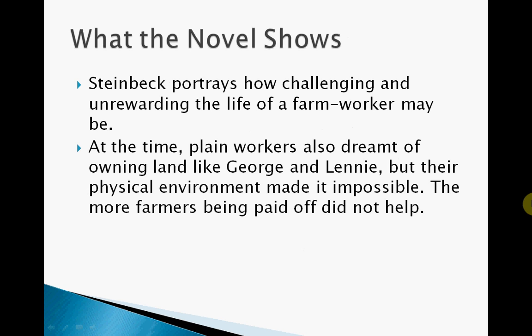This way, people who at the time were known as bindle workers, because they carried bindles on their backs, today known as backpackers, went there to try and make money, and with the money try and buy their own land and pursue a dream of happiness. However, because of the economic and physical environment, they weren't able to do so, and that is a relevant theme which George and Lenny come across in the book.